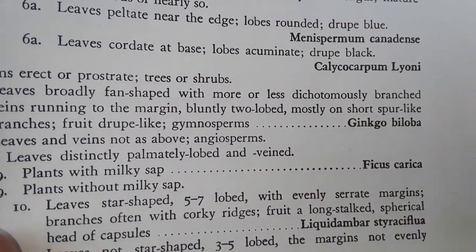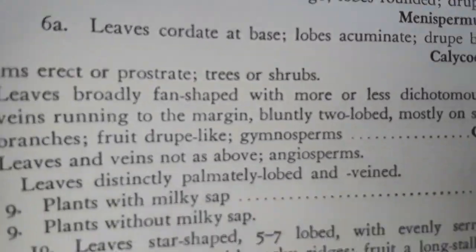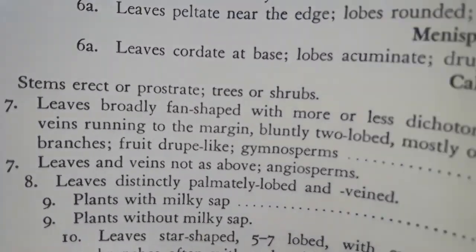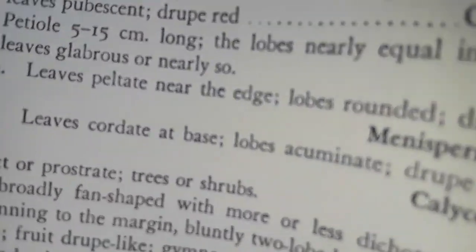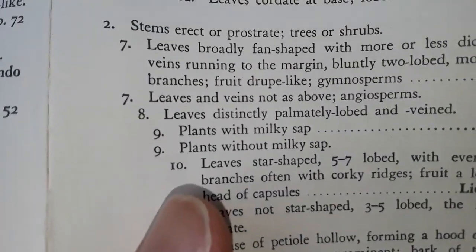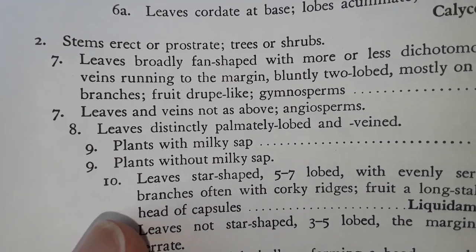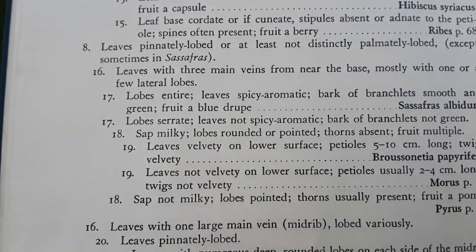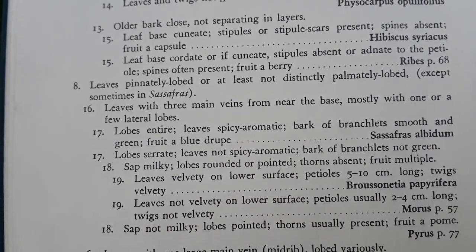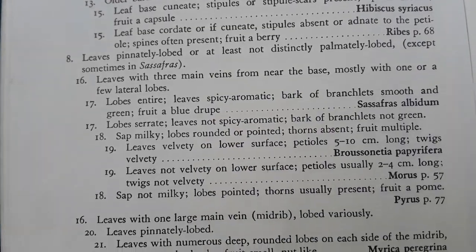Ginkgos have that dichotomous branching of the veins. This does not have that. This is pinnately veined. This is an angiosperm. Leaves distinctly palmately lobed and veined? No, it's not distinctly pinnately lobed. So we go to 16.